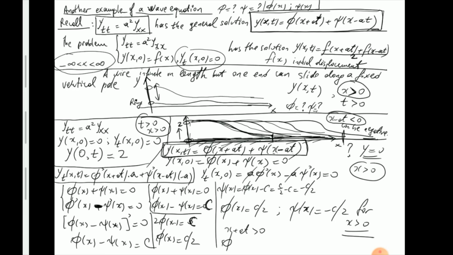So phi of x plus at in the actual solution is still c over 2 for any x and t. Any combination of x and t, both positive, x plus at is positive, so that's going to be some constant. But for the second part of the solution, we need to find what that is in case the argument is negative. So let's stay tuned for the second page.